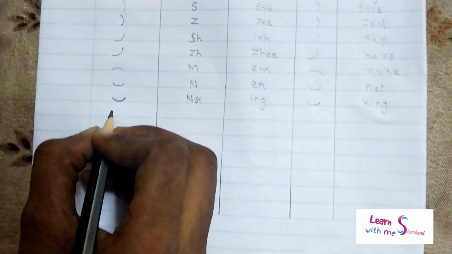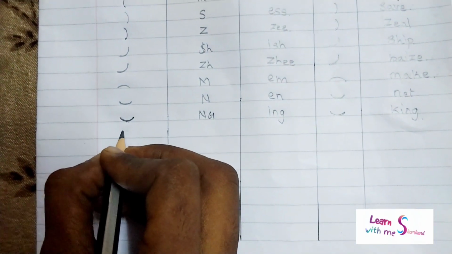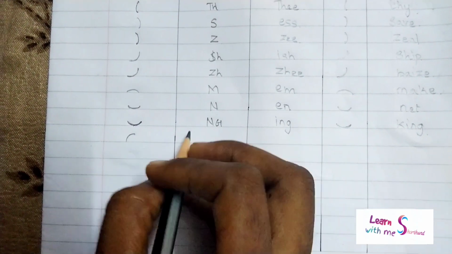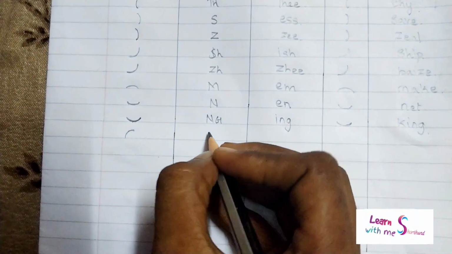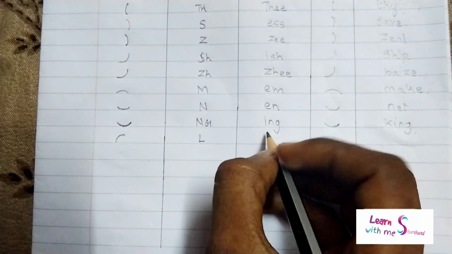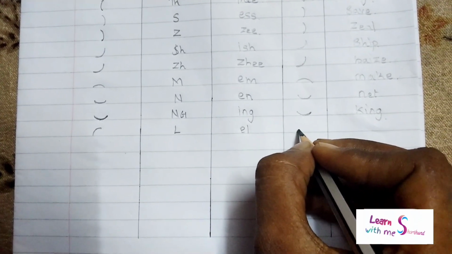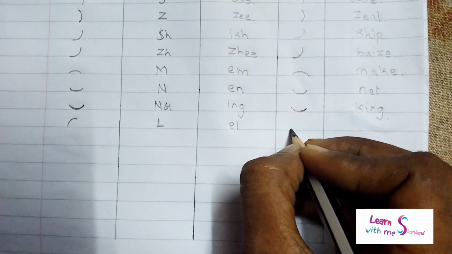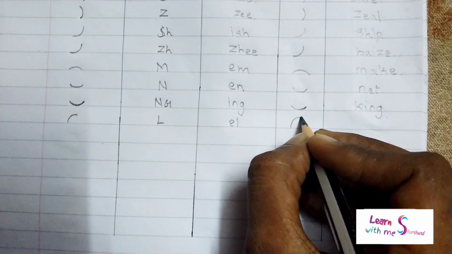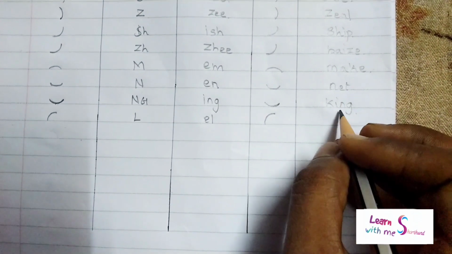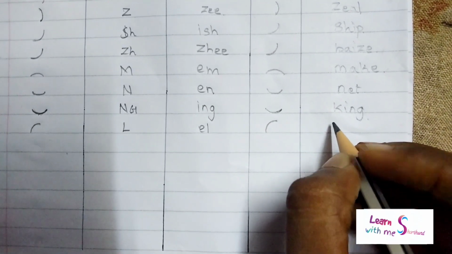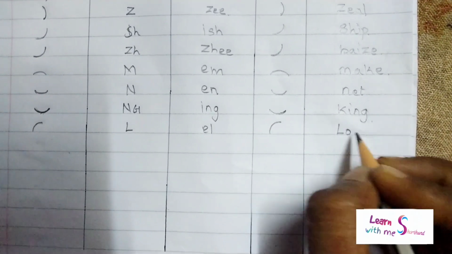The next stroke is L. The letter is L and the pronunciation is L. Direction is left down to right upward. Example word for L is long.